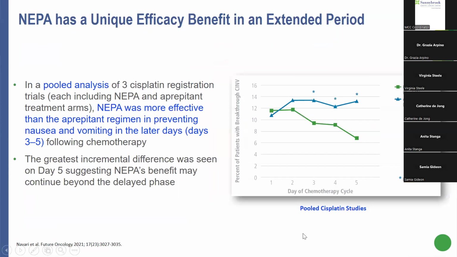Now we have several studies that tested NEPA activity against aprepitant with a 5-HT3 receptor antagonist. As you can see from the slide, the activity of NEPA lasts for a long time and gets rid of nausea and vomiting after day 2 and day 3. So in the 3-5 day period, it still has activity compared to the aprepitant drug.